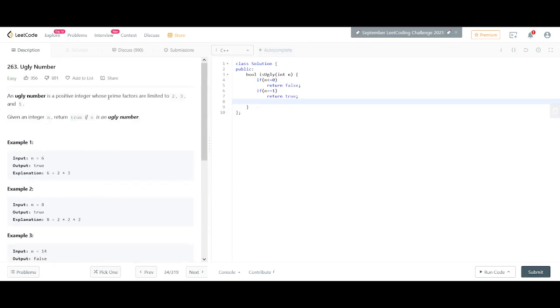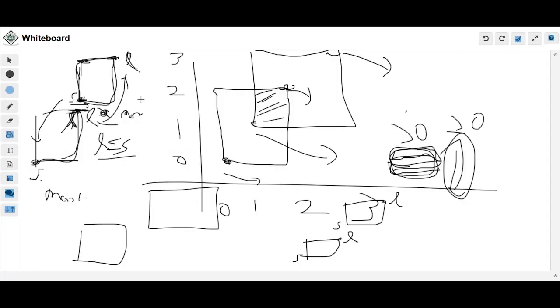Since the prime factors are limited to 2, 3, and 5, we first try to get all the factors of 2, then all factors of 3, and all factors of 5. If any other number is left, then we could say no; if the number changes to 1, then yes.